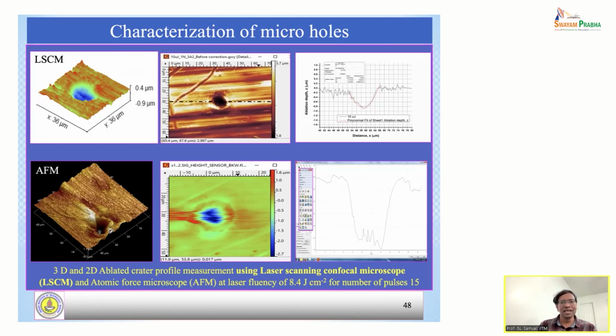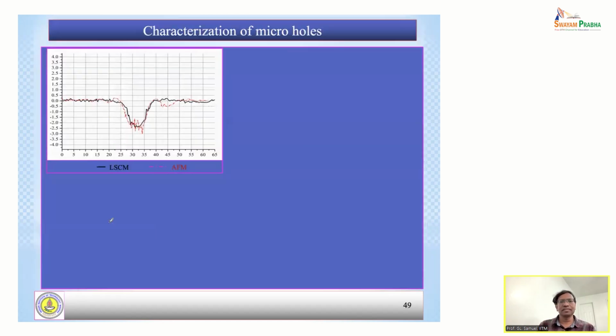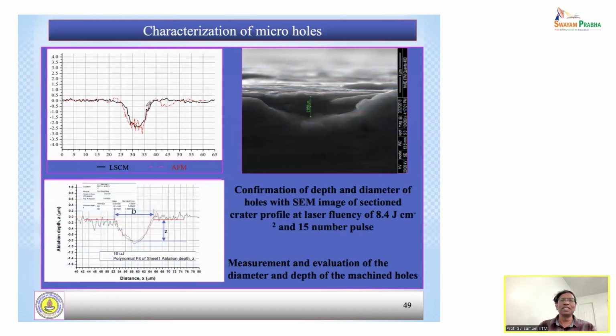We have used that, and we can see the shape of the hole which has been produced when you put one pulse. We also tried to reconstruct the whole shape of the hole. With the different instruments, the results are almost close but still slightly different, because in one we use light, in the other we use a probe tip. And as I said in the previous class, we cut the hole and took a scanning electron microscopy image, which gave some of the details.